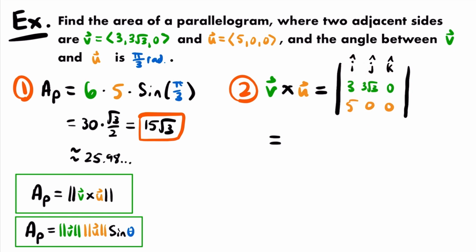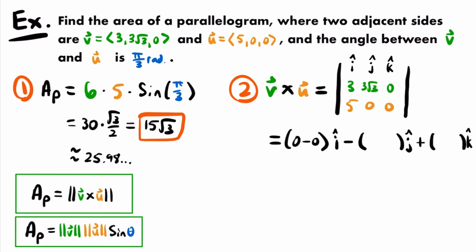Now in both cases, that's just 0, right? 3 square roots of 3 times 0 is 0, and then 0 times 0 is 0. So we're going to have 0 minus 0 multiplied by vector i, and then we're subtracting the next term, where we're going to be multiplying by vector j, and then we're adding the last term, where we're multiplying by vector k.